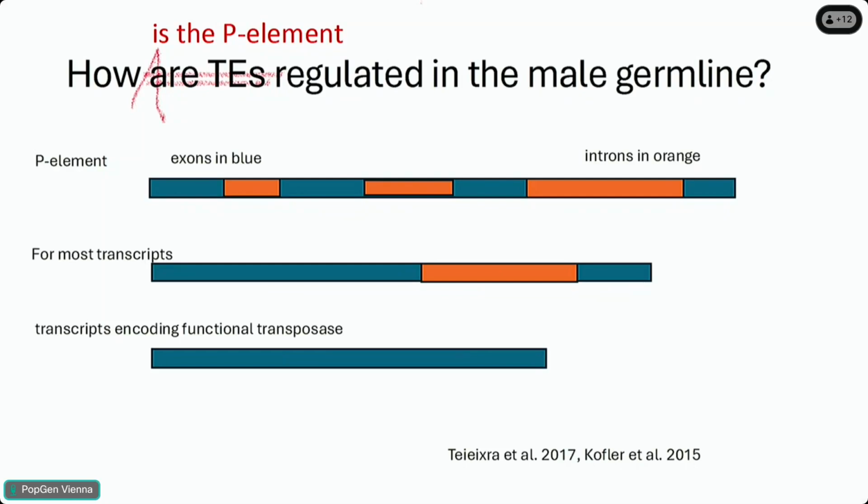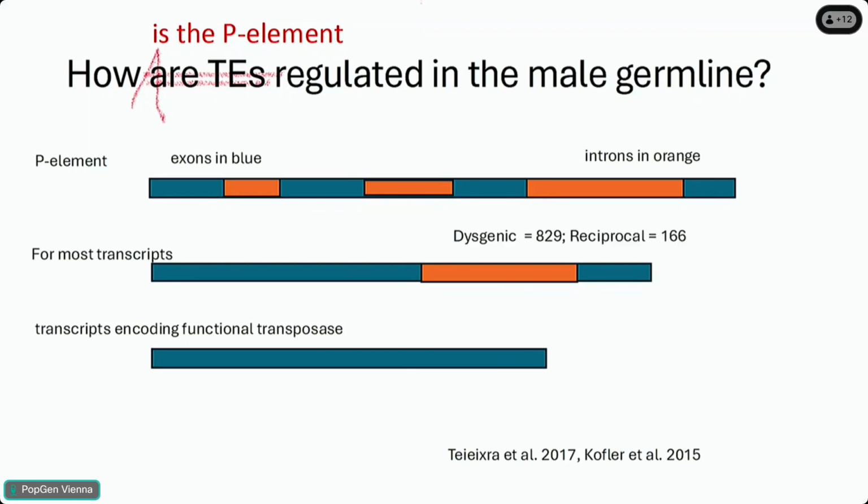If you look at what happens for most transcripts, you only have splicing of the first 2 introns, and the 3rd intron remains. This results in a truncated protein, and you end up with an inactive P element if you keep that 3rd intron. If you splice it out, then you can have active transposase, and that's what you need for P element activity.